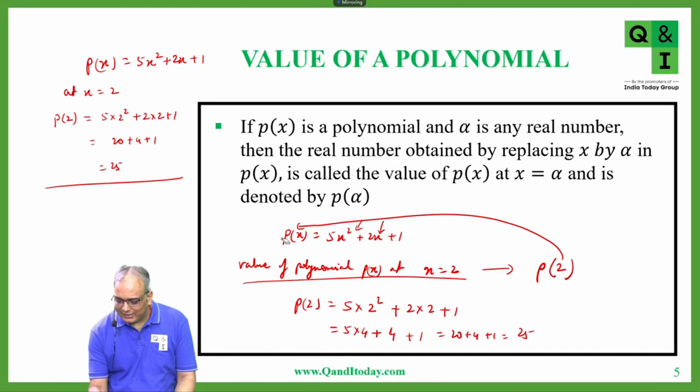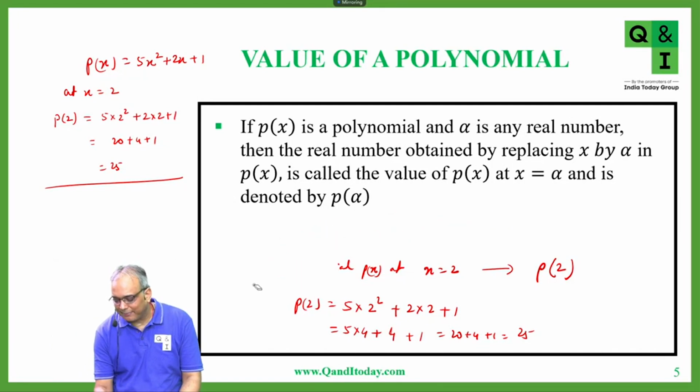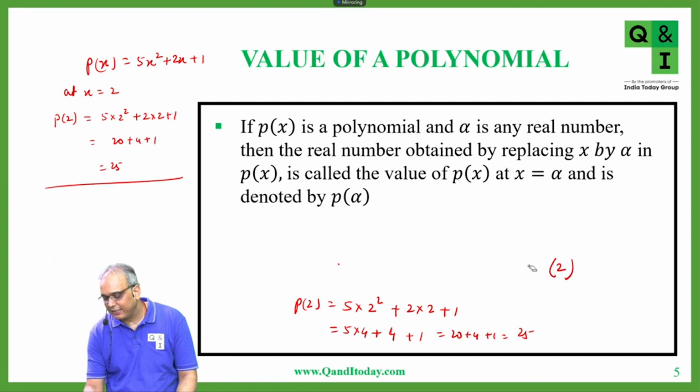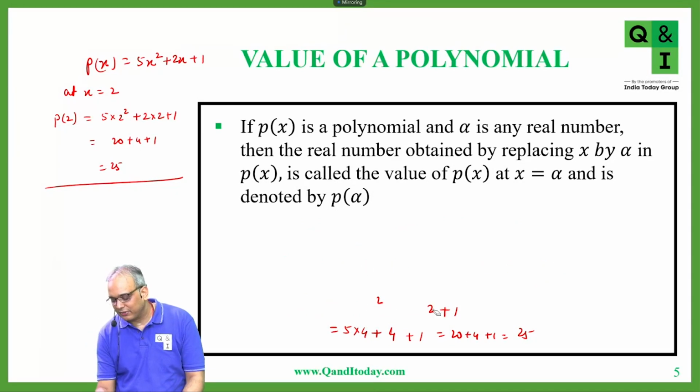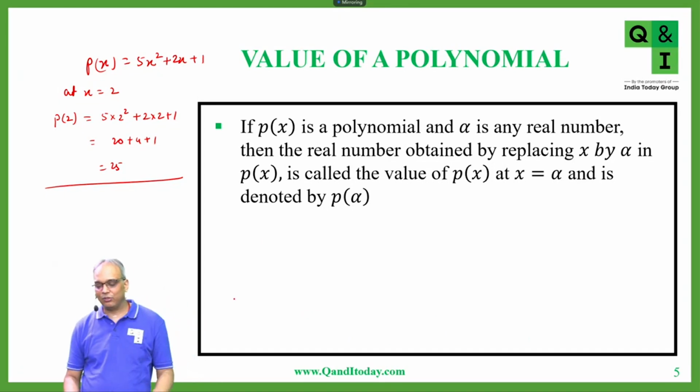Okay, so I'll just quickly rub this out and take a few more examples so that you are more confident before we actually start doing the questions based on finding the value of the polynomial at some value of the variable.